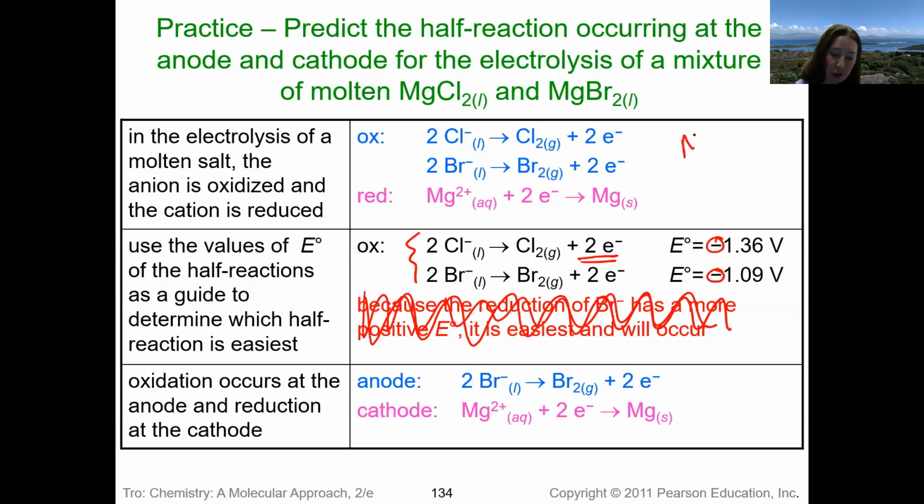So I'm just going to stick to more positive reduced, more negative oxidized, instead of saying least positive, more negative, or vice versa. So the oxidation reaction is going to be the more negative reduction potential, easier to extract electrons. Reduction is going to be more positive, easiest to accept electrons.